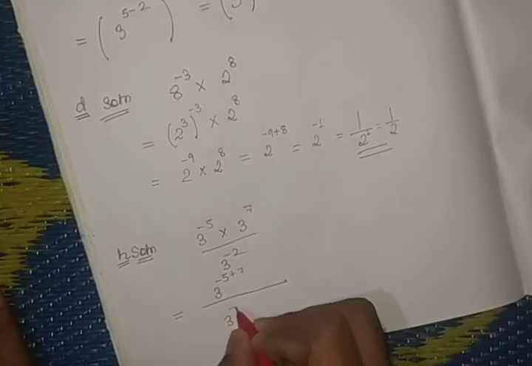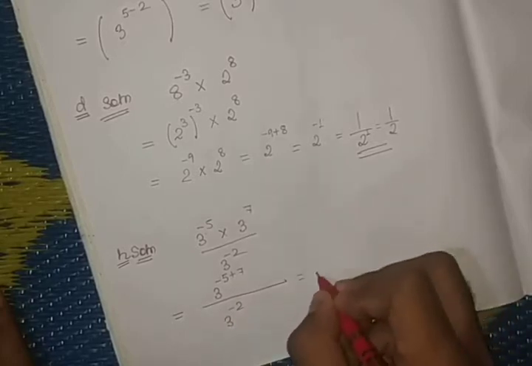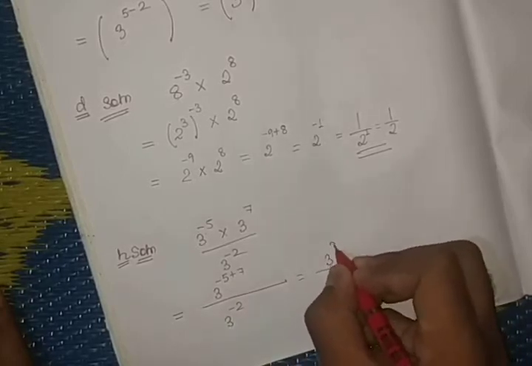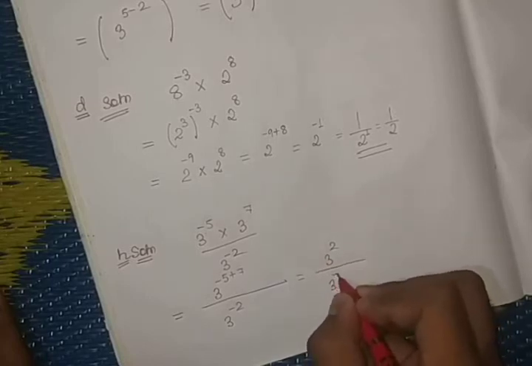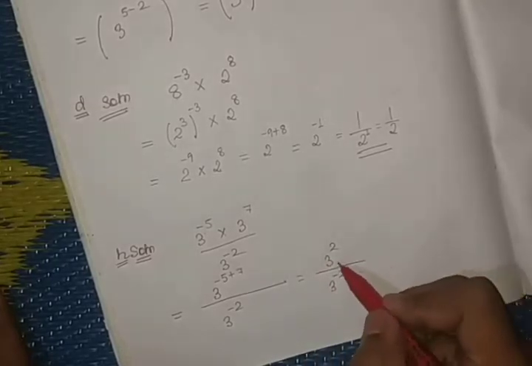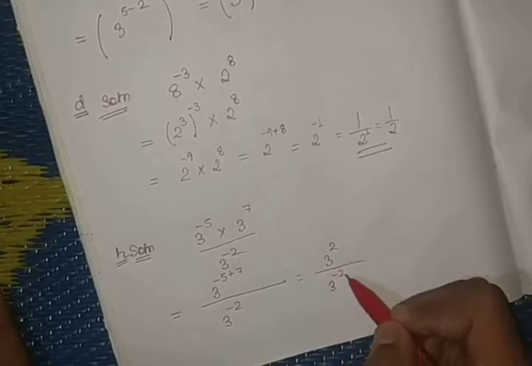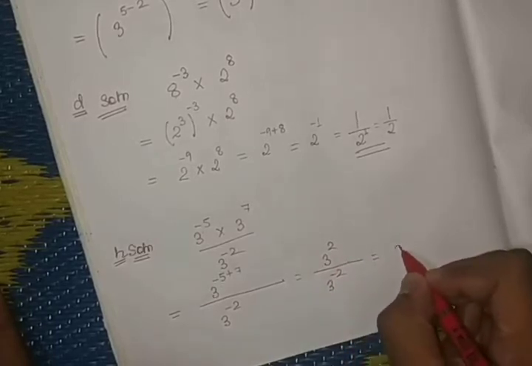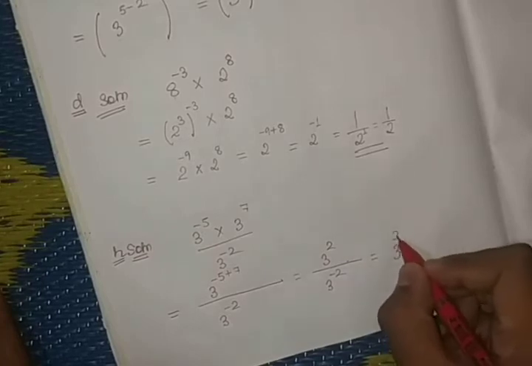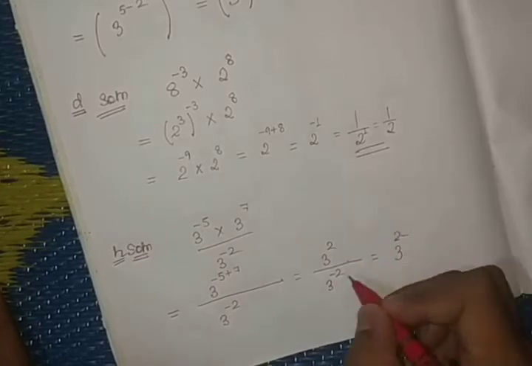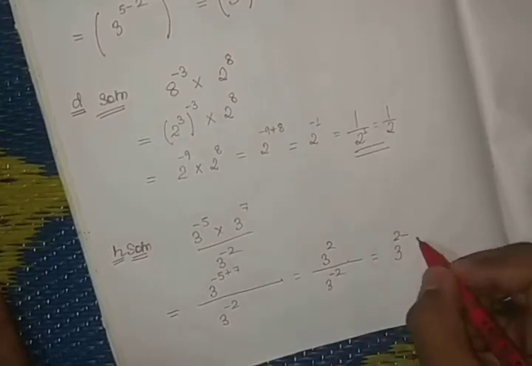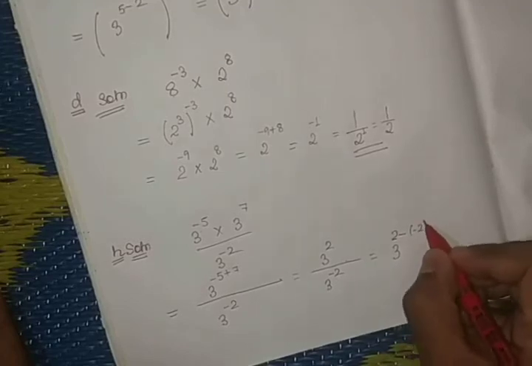And this, let it be as it is, equal to 3 to the power 2 by 3 to the power minus 2. Then this fraction means we have to divide by this one. Then when it is divided, we have to subtract the power. The power is already minus 2, so it will be a minus 2 here.